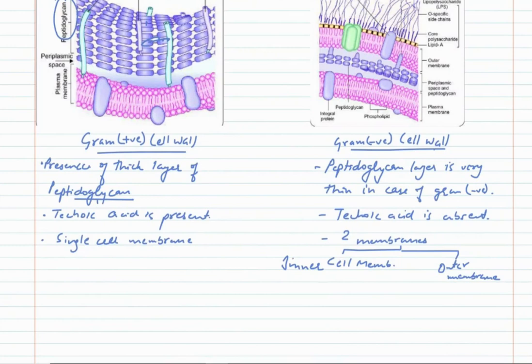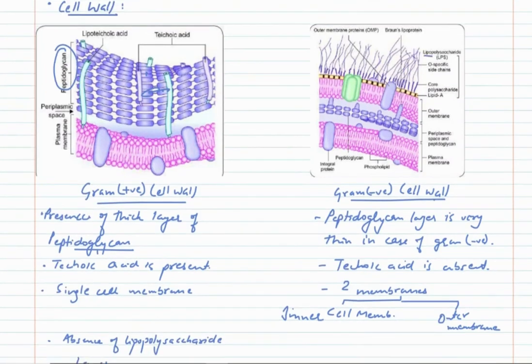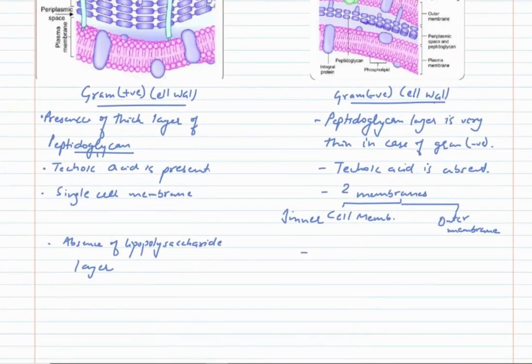There is an absence of a lipopolysaccharide layer in gram-positives, whereas lipopolysaccharide, or LPS, is present in gram-negatives.